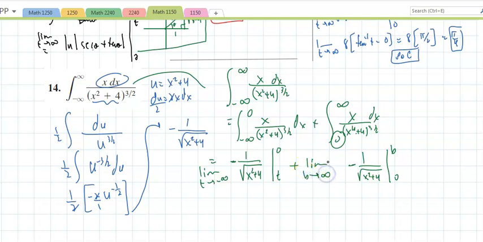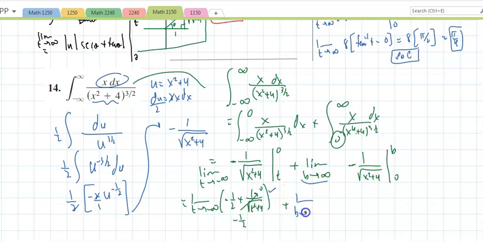This is the limit as t approaches negative infinity. If I throw the 0 in, I'll get negative 1/2 plus 1 over the square root of t squared plus 4. So I'll take this. If this limit diverges, I'm done. But this will approach 0. I'm left with negative 1/2. That's accepted. Therefore, I need to do the second. If this integral was to diverge, I'll be done. In this case, it didn't.